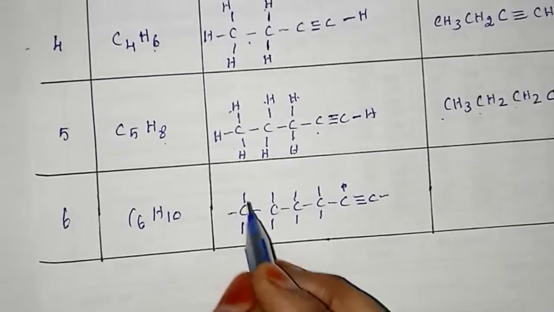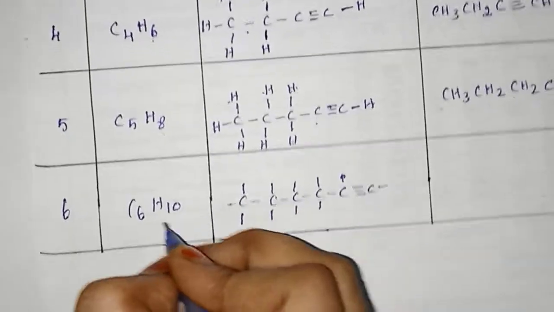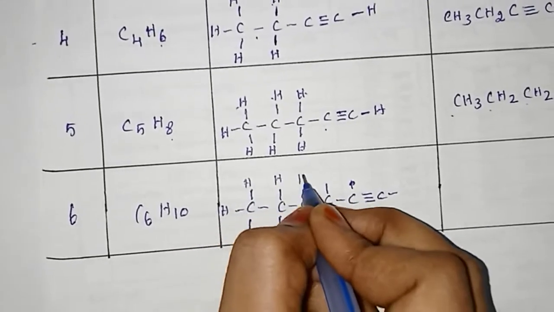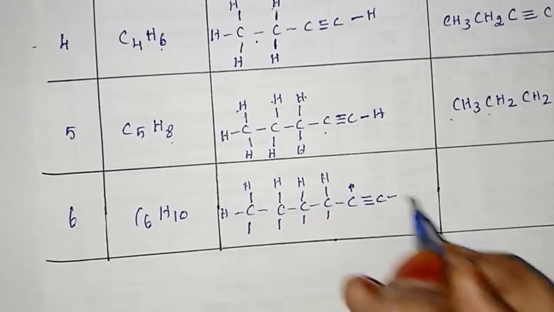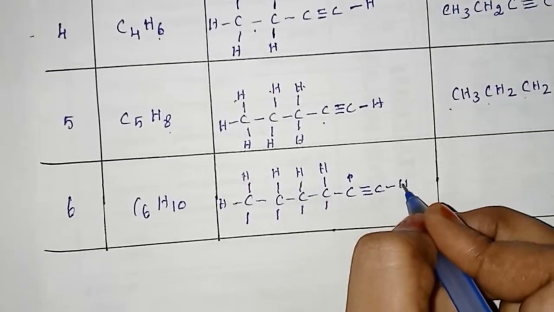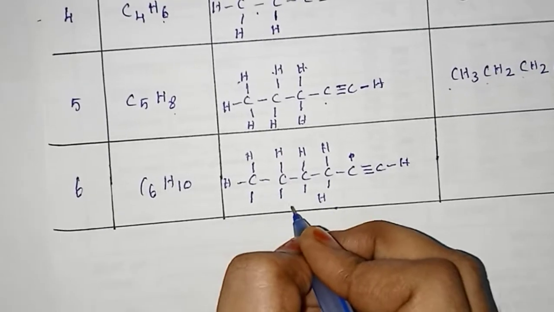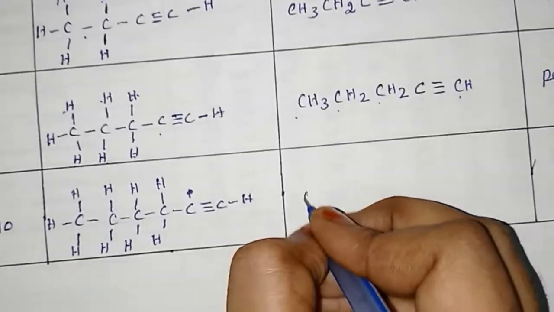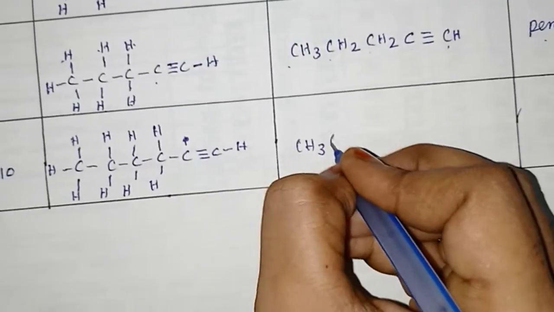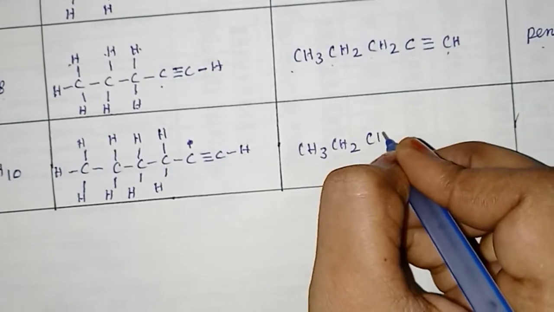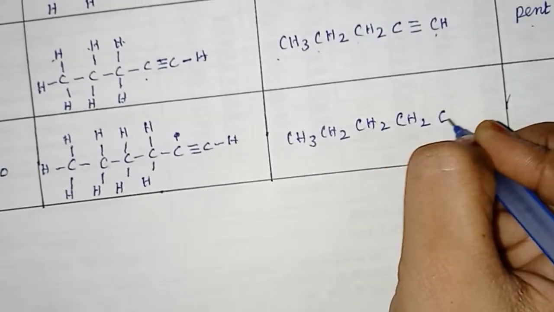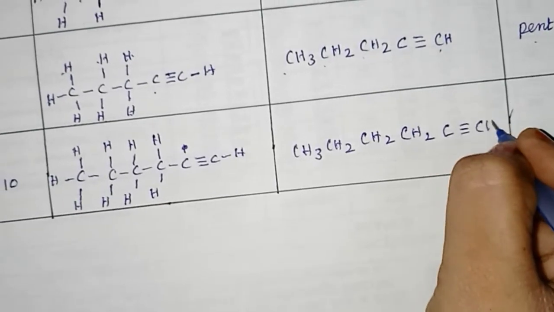Okay. So this is the position for hydrogen. 10 hydrogens are there: 1, 2, 3, 4, 5, 6, 7, 8, 9, 10. Okay. So the condensed form is CH3, CH2, CH2, CH2, C triple bond CH.